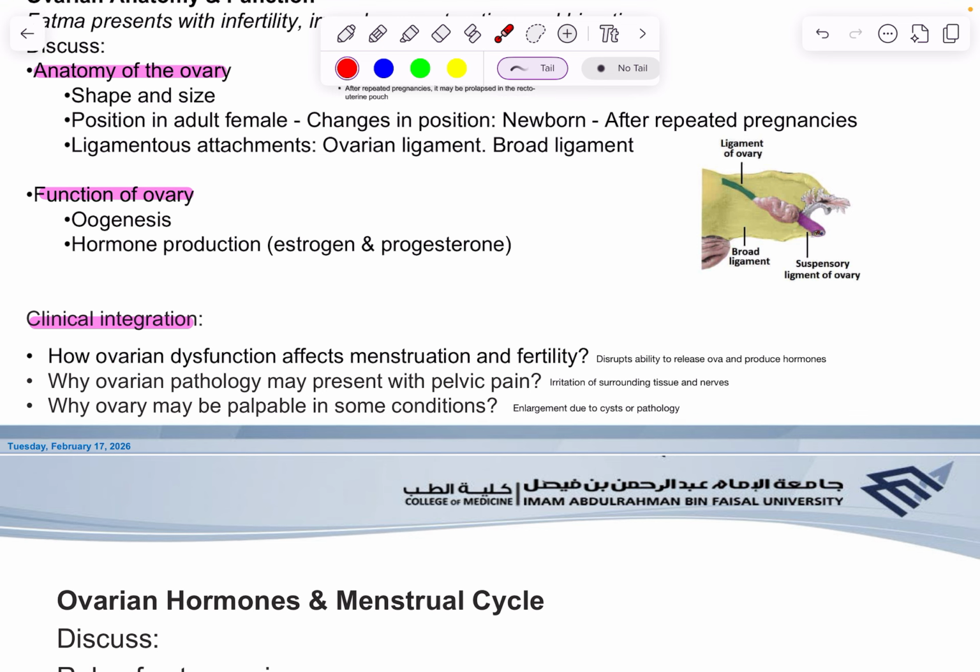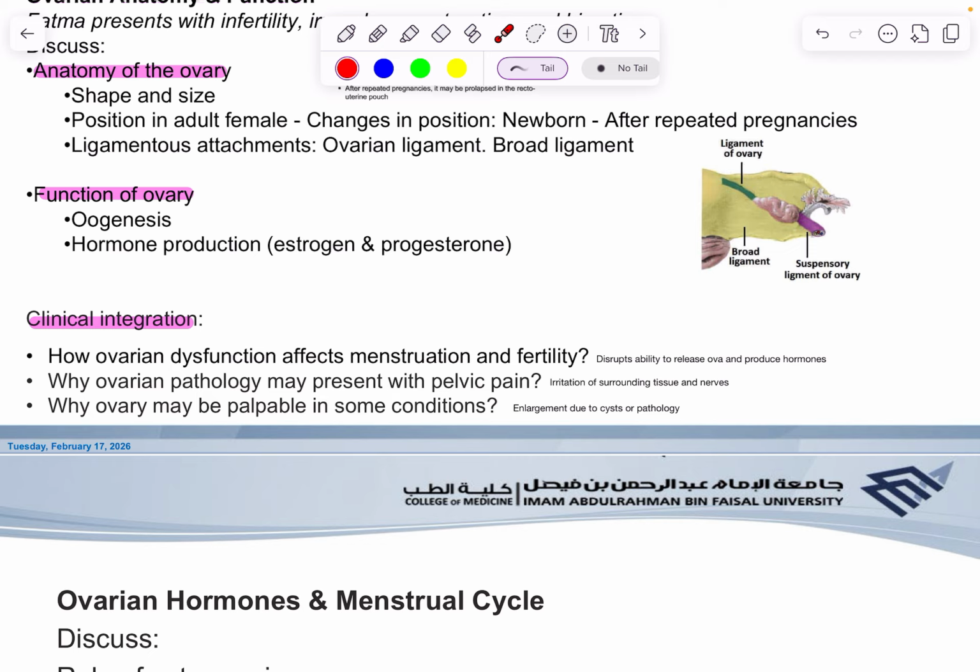Okay, let's go to a few questions. How does ovarian dysfunction affect menstruation and fertility? It's going to disrupt the ability to release ova and produce hormones. All these things lead to hormonal imbalances. Then it can present with pelvic pain because there's irritation of the surrounding tissue and nerves due to the cysts, because they are enlarged.